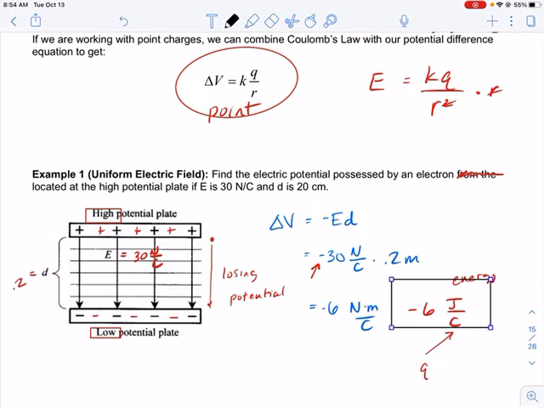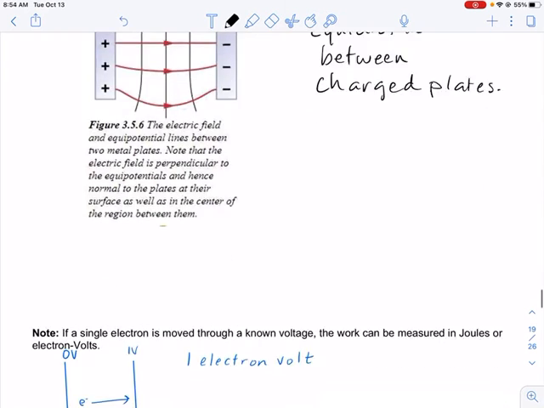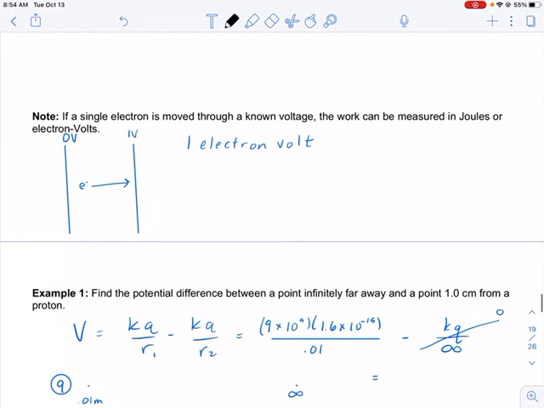What would happen if I take a joule per coulomb and multiply it by charge? I'm going to get an amount of energy. So a volt is a joule per coulomb.